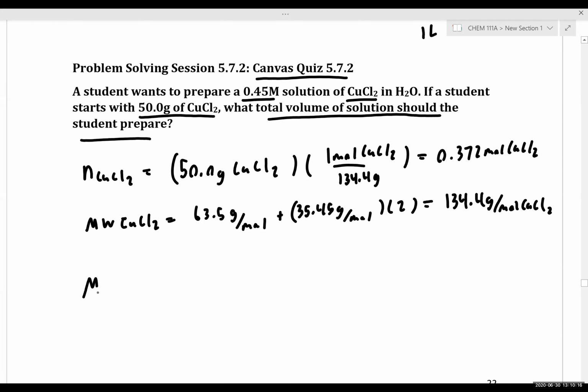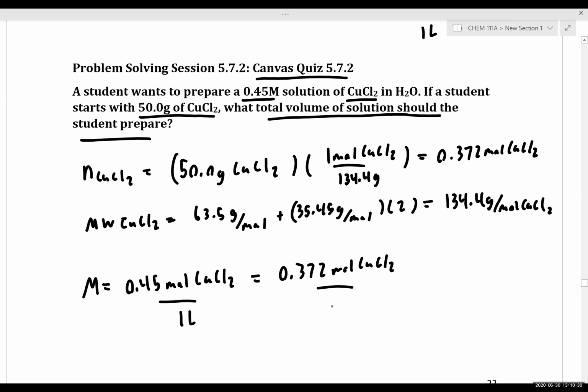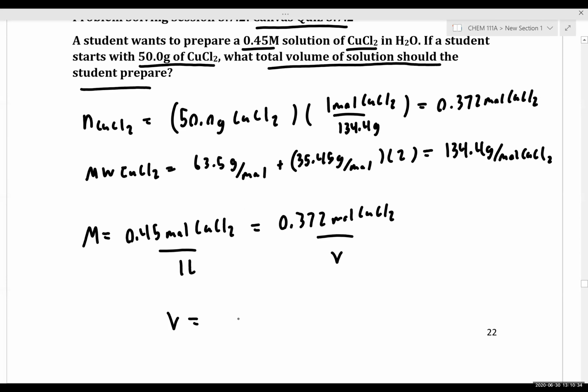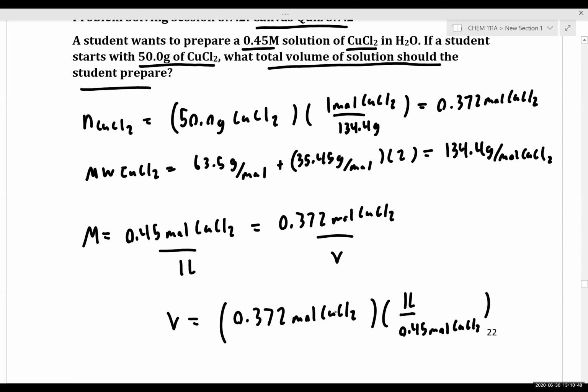Now we know that the molarity is equal to 0.45 moles of copper chloride per 1 liter, and that's equal to the moles of copper chloride over the volume of solution. Solving for the volume, we get 0.372 moles of copper chloride times 1 liter per 0.45 moles of copper chloride.